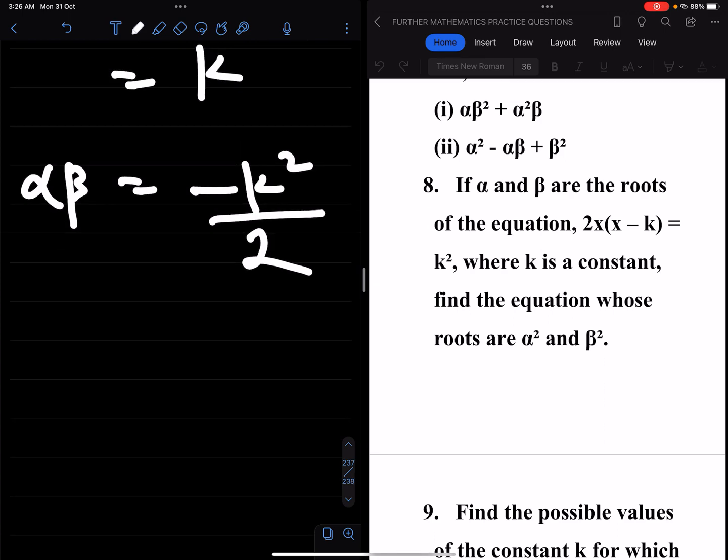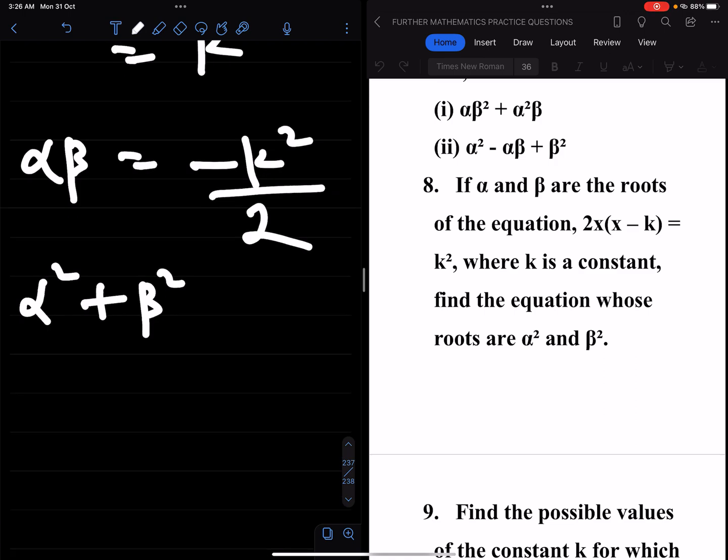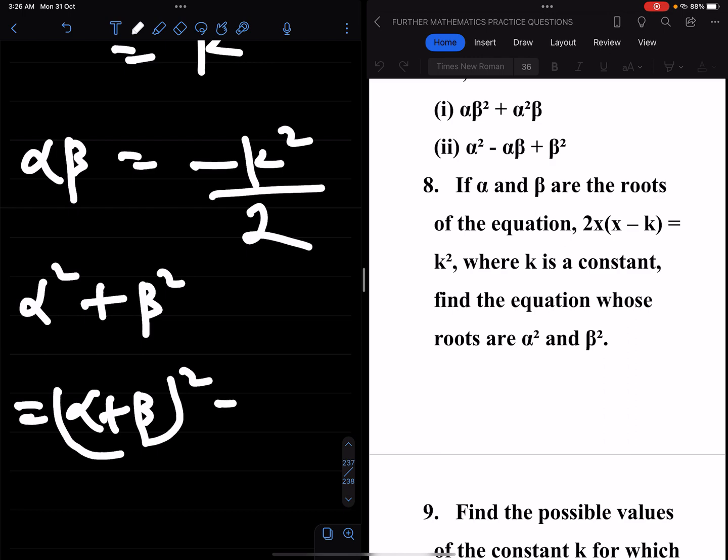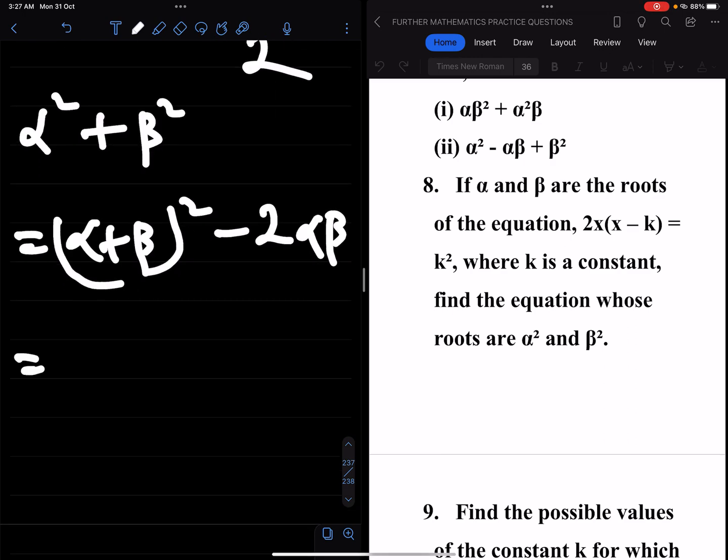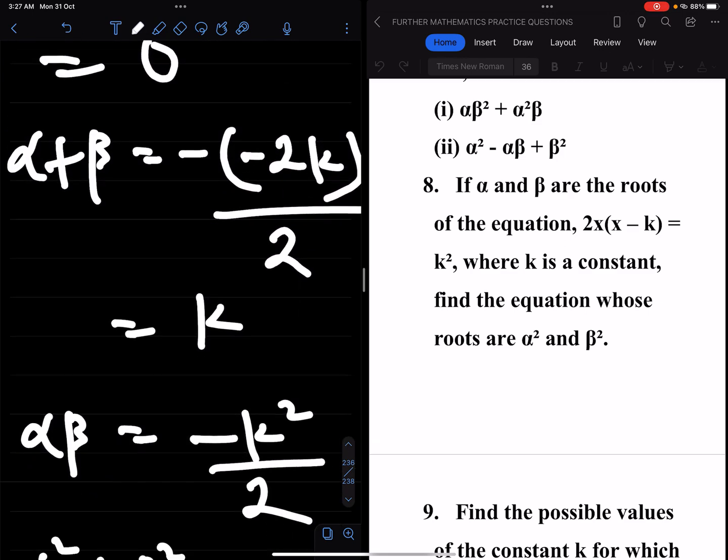Now the sum of the new roots will be alpha squared plus beta squared, which is equal to alpha plus beta all squared minus 2 alpha beta, and that's the same as alpha plus beta is k.